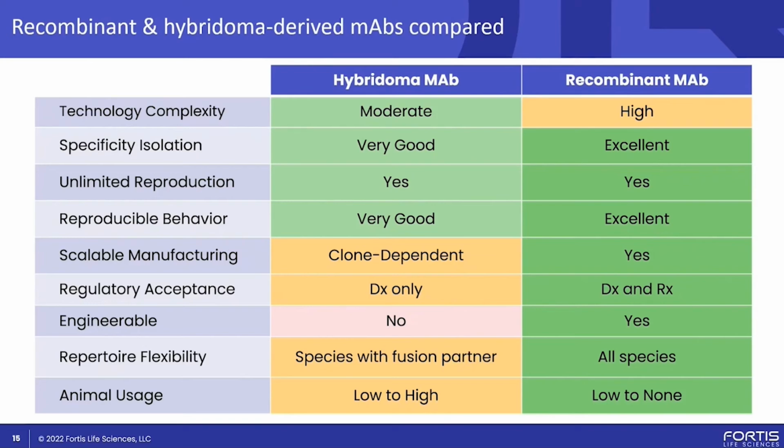And as we go down the list again, we'll see unlimited reproduction is good for hybridomas, better for recombinants. Reproducible behavior, again, very good for hybridomas, better for recombinants. And then we start to really see these two diverge in terms of their suitability for scaling, regulatory acceptance, whether or not they can be engineered, their applicability across species, and the extent to which they use animals.